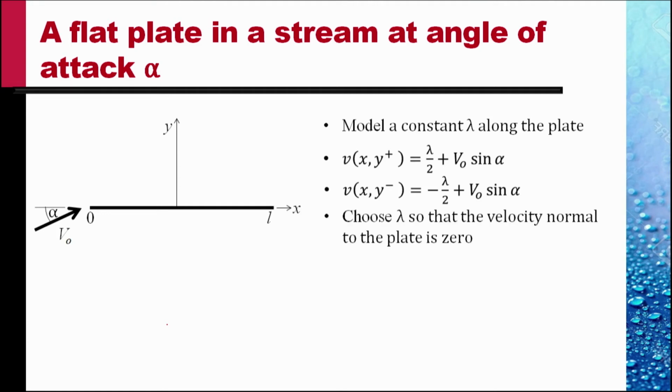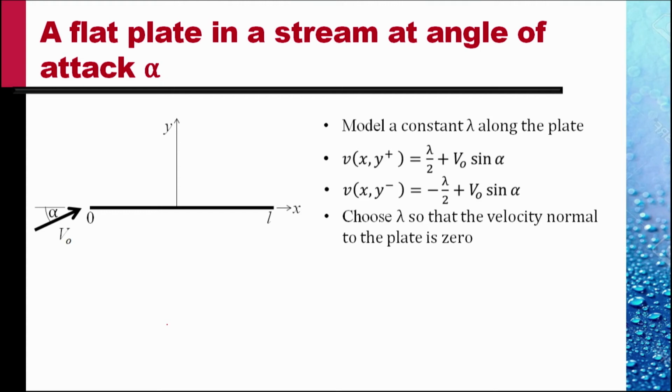We choose lambda so that the velocity normal to the plate is 0. Now, obviously, this cannot be satisfied both at the top surface and at the bottom surface of this plate, because the normal velocities are different there. There is only one unknown, lambda. So you can't choose lambda such that this condition is satisfied at both the points, a point below the plate and a point above the plate.